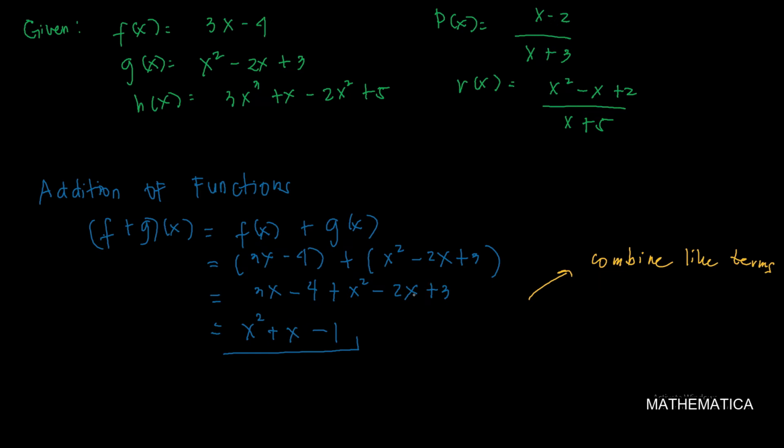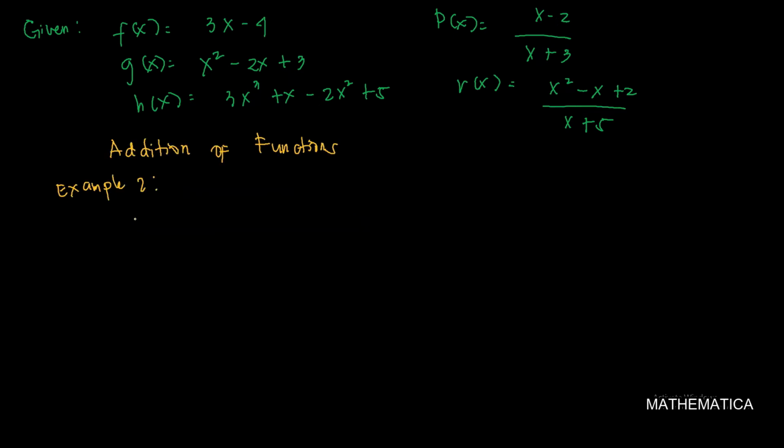Okay, so now let's have another example. So let's have our example number 2. So kung kanina pinag-plus natin si f at g, so this time naman, try naman natin g at si h. So let's have g plus h. O, ngayon naman, lagyan natin ng value yung x. Let's try negative 1.